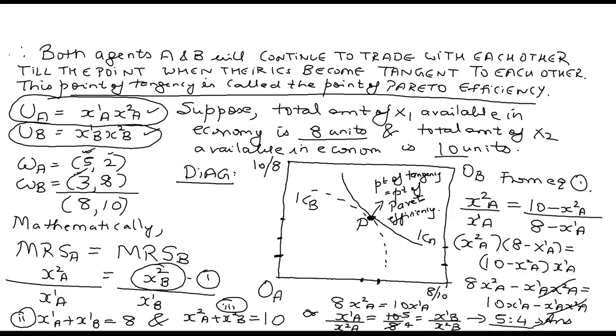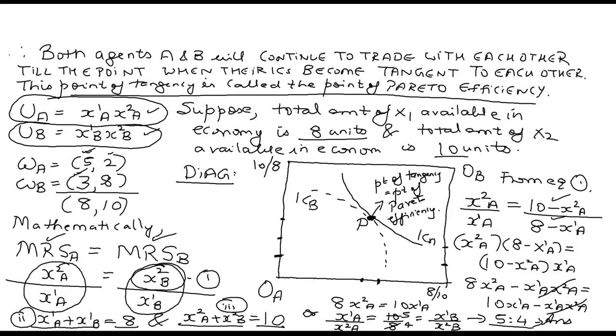Mathematically, the point of Pareto efficiency is when MRS of A is equal to MRS of B. At the same time, we are given the feasibility conditions: the total amount of good 1 available is 8 and the total amount of good 2 available is 10. So I can write X2A by X1A equals X2B by X1B, where X2B is 10 minus X2A and X1B is 8 minus X1A.